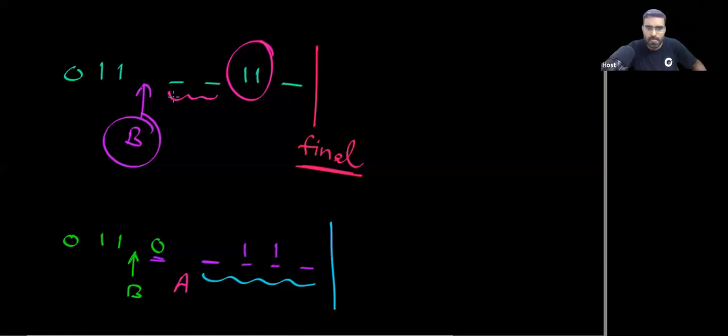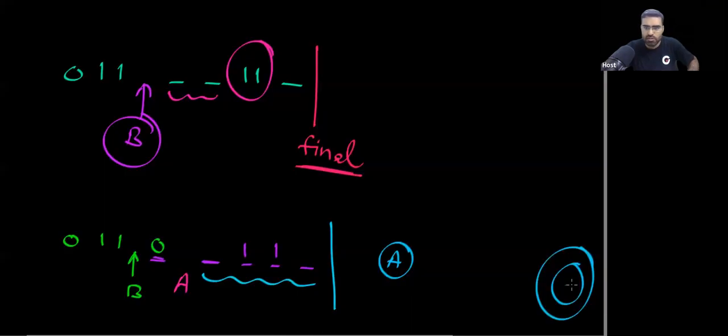Agree with me? Because from this state A, if you want to go to the final state, the minimum string that you need is 0, 1, 0, 1.